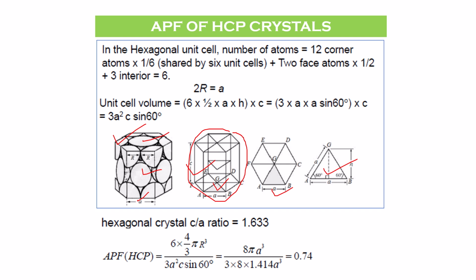Now for hexagonal crystal, the C by A ratio is equal to 1.633. So APF of HCP crystal is equal to 6 into 4/3 πr³ divided by the volume of this unit cell, and by calculating this we will get it is equal to 0.74.